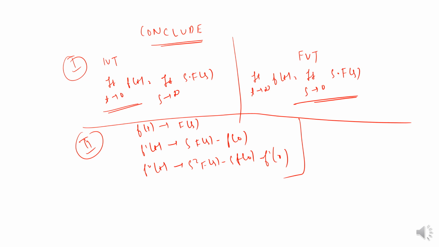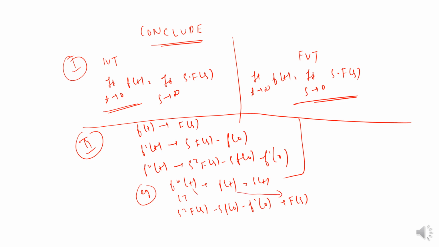One more small thing: suppose we have a differential equation like f double dash of t plus f of t is equal to delta t. When we apply the Laplace transform, this is just an example, we can write s square into F of s minus s into f of 0 minus f dash of 0 plus F of s. f of t gets transformed to F of s and f double dash of t gets transformed to this, and then delta t, whose Laplace transform is 1.